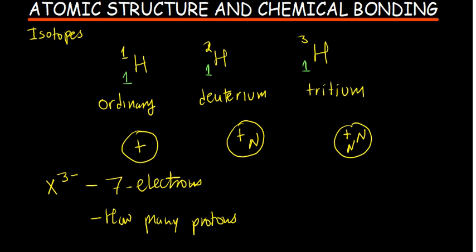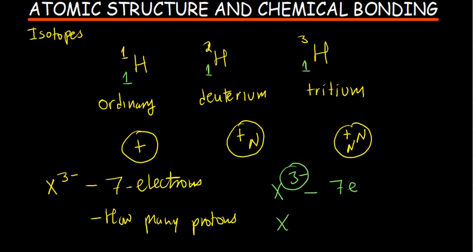Well, the question is, how do we find the number of protons? You just look at the formula itself. This is X3 minus. It has 7 electrons. So if X3 minus has 7 electrons, how about X itself without the 3 minus?